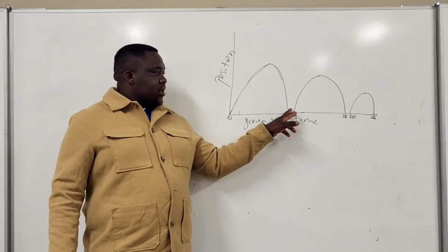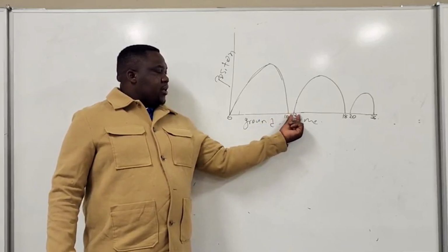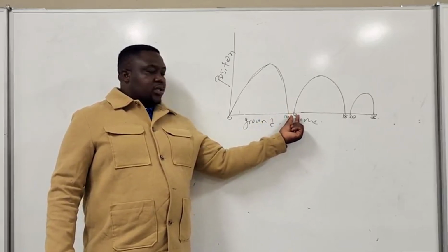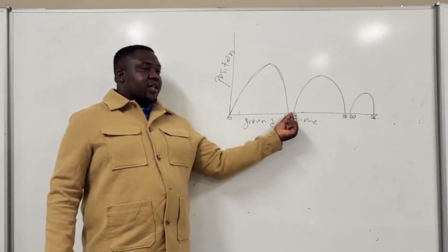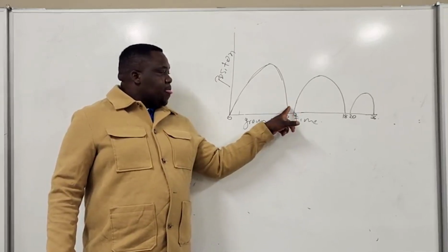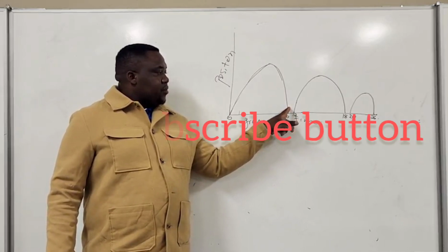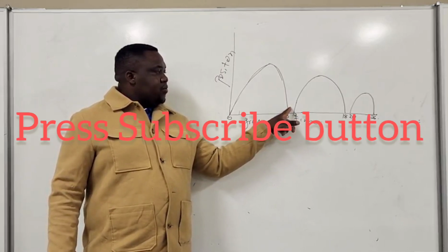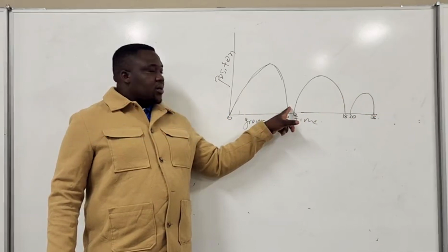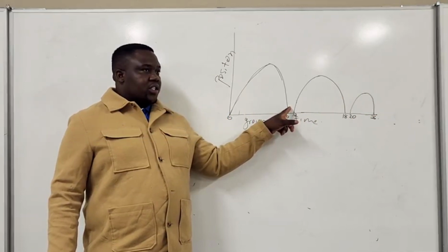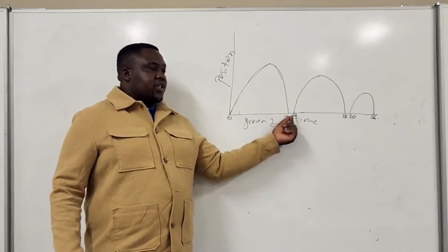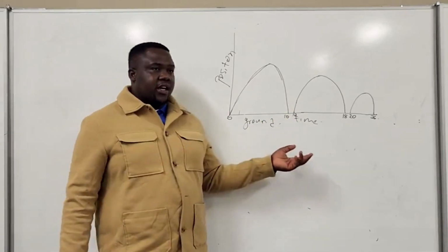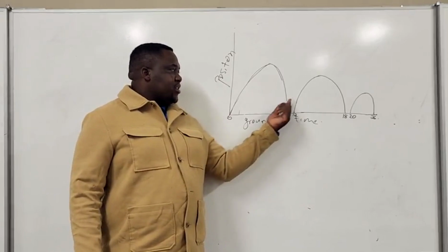Then you can see that there is space here. Then when it went up again, the stopwatch was at 12 seconds, meaning that it was in contact with the ground for 2 seconds. That is 12 minus 10, which gives us 2 seconds.